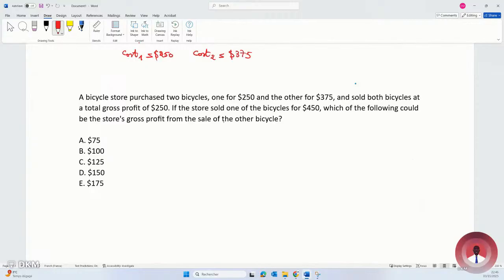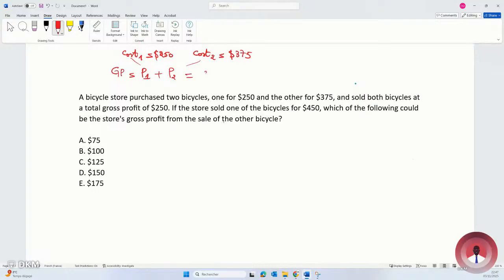And sold both bicycles at a total gross profit of 250. So we have gross profit, which I'm going to call GP, equal to profit 1 plus profit 2.